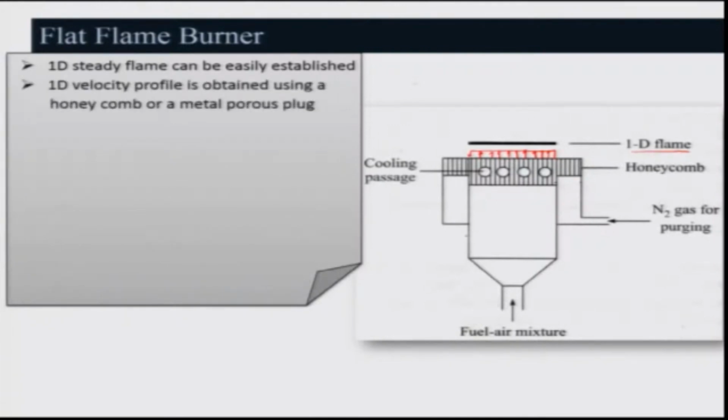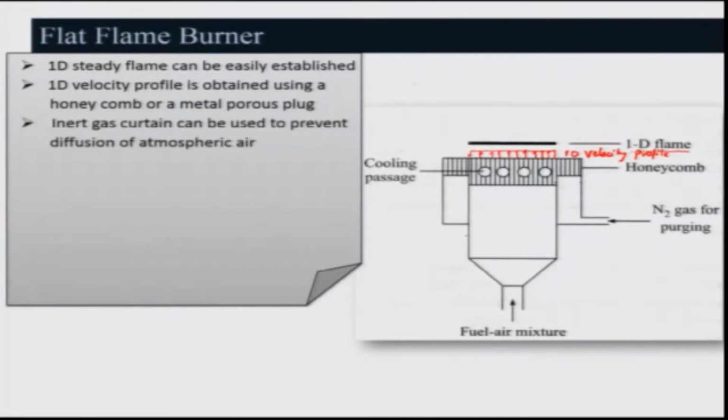For this, a one dimensional velocity profile has to be established, either using a honeycomb or a metal porous plug, and an inert gas curtain has to be provided, so that the edge of this one dimensional flame is not affected by the ambient or atmospheric air.